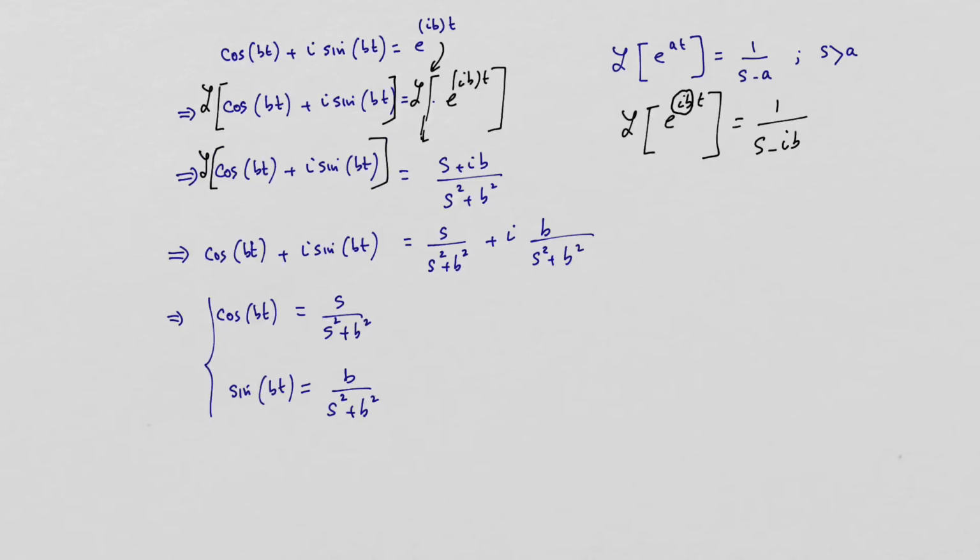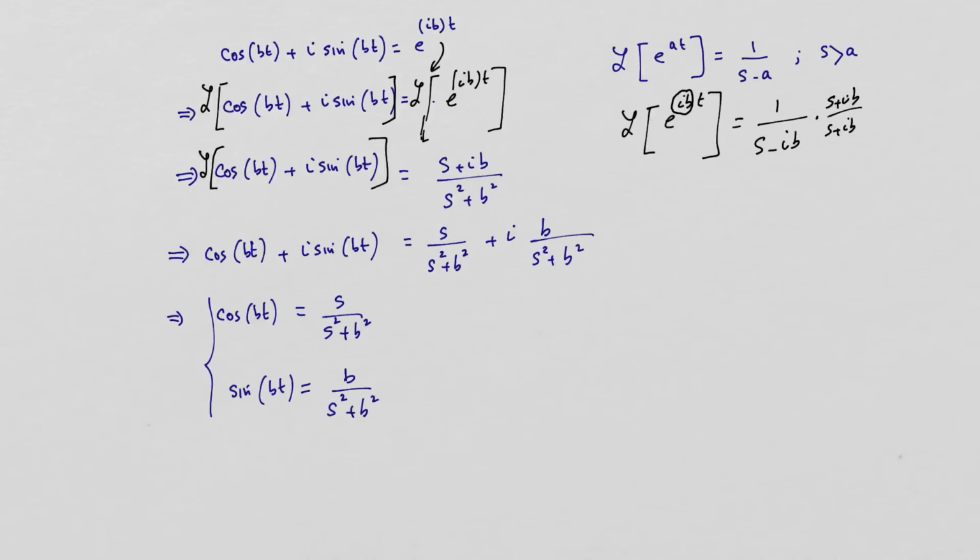Now Laplace transform of this, I just said it's 1 over s minus ib. Well, if I multiply by the conjugate, s plus ib, I get s plus ib over s squared plus b squared. Or s squared minus i squared b squared, and i squared is negative 1, right? A minus b times a plus b is a squared minus b squared, so you get this.